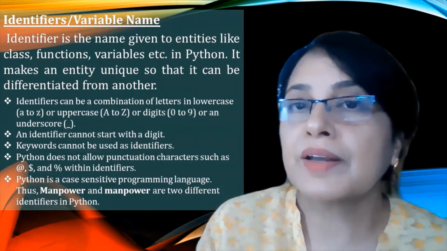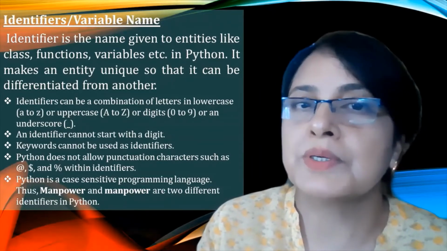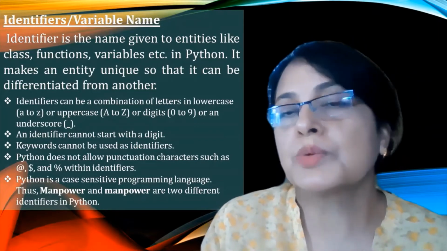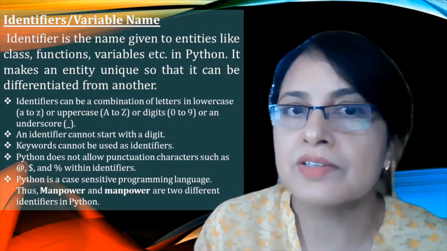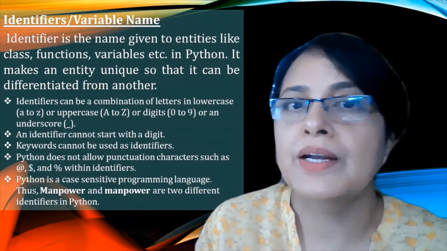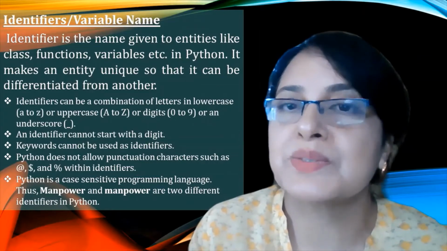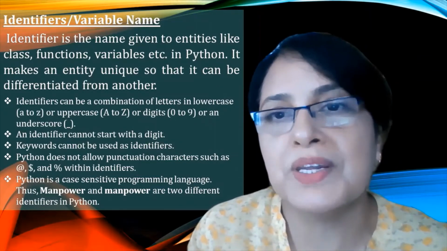An identifier cannot start with a digit, and you cannot use a keyword as an identifier. Python does not allow punctuation characters or any special characters other than the underscore within the identifier, and it is also case sensitive. Any two identifiers with different cases will be considered as two unique entities.